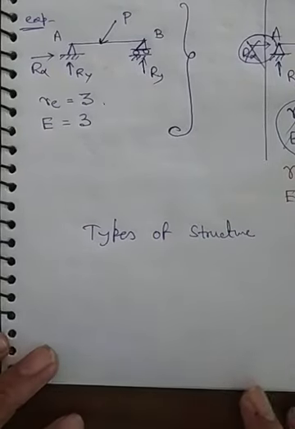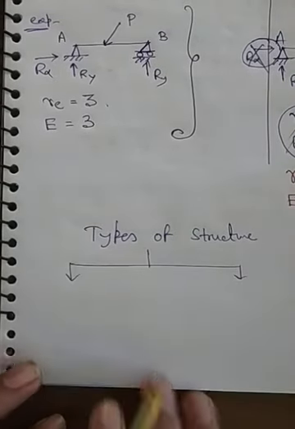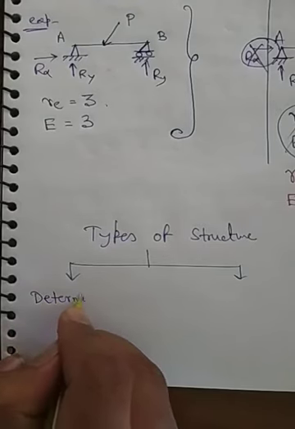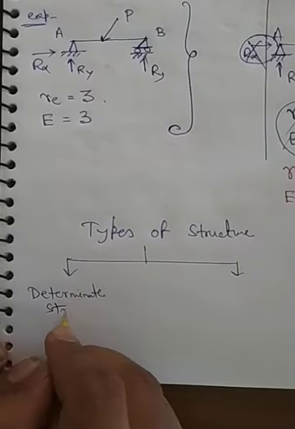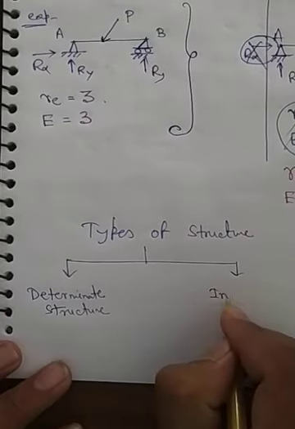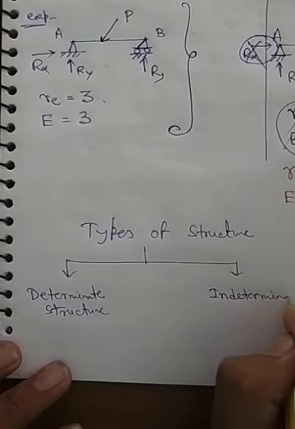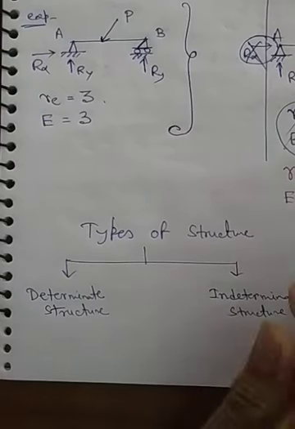Types of structure. Okay, we have two types of structures. Number one is determinate structure, and number two is indeterminate structure.